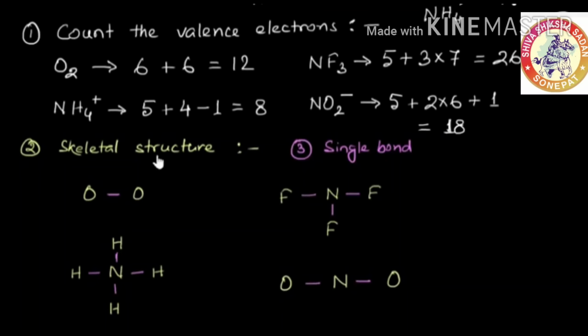So draw 12 electrons on the oxygen atoms in such a way that all the atoms obey the octet rule. Octet rule means each atom has completely filled its valence shell with 8 electrons. So draw the dots on the atoms.